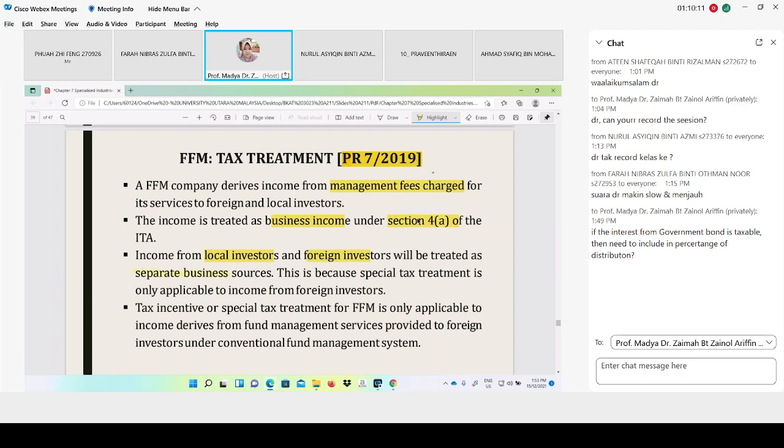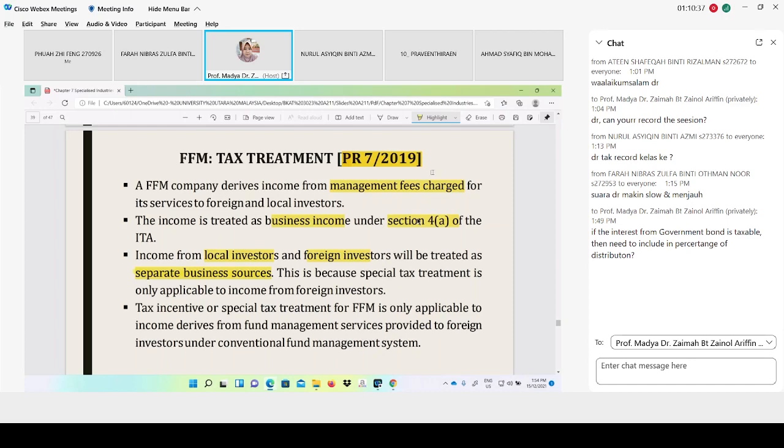Separate business income means that you need to compute both income from local and foreign investors separately, individually. You cannot combine the two investors in one computation. Similar to business income, that is the concept behind business income. You need to do it separately.